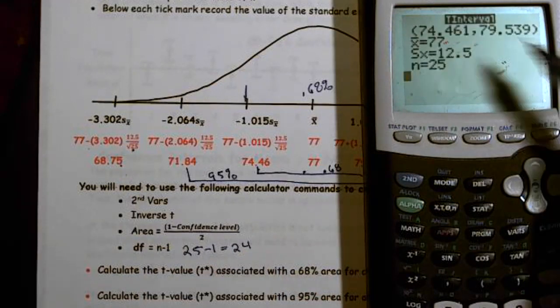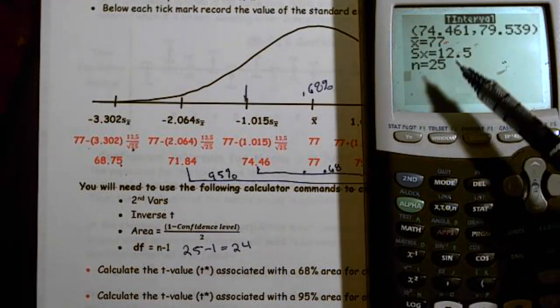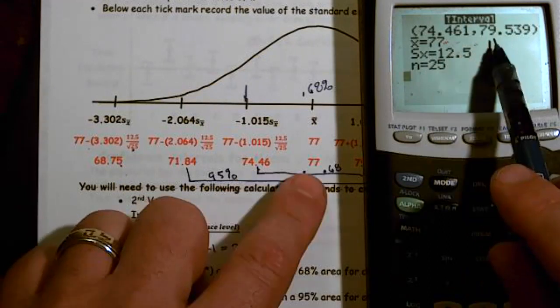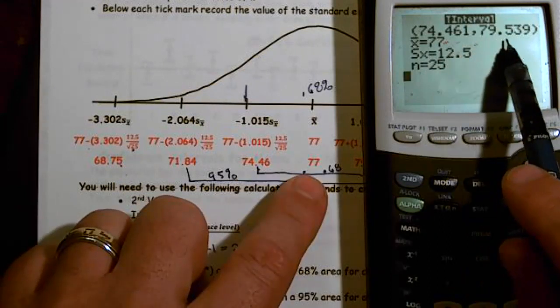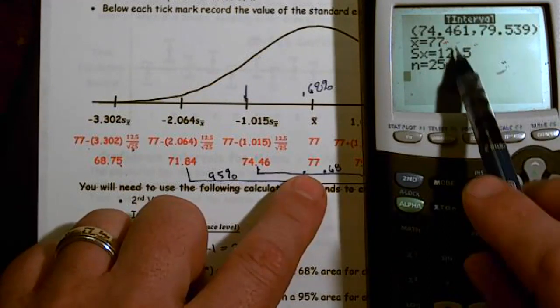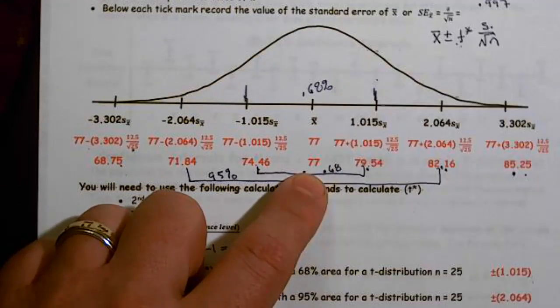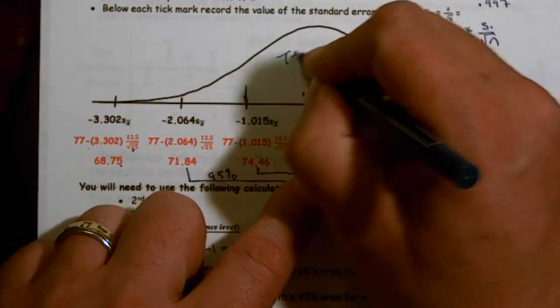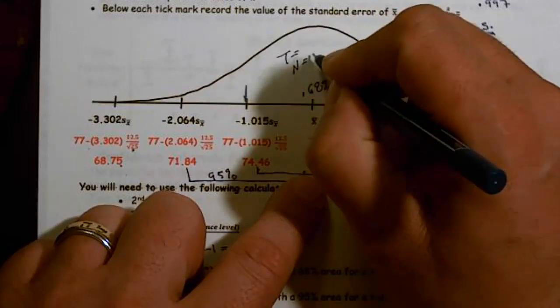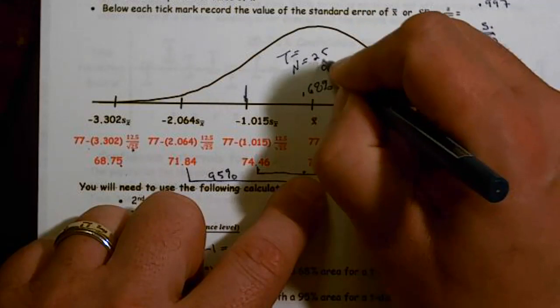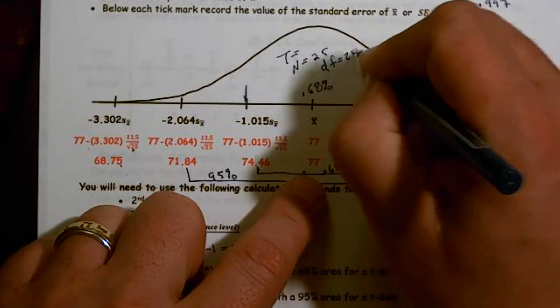And I press enter, and I get a lower bound of 74.46 and an upper bound of 79.53, and 68% of my data is going to be there for this particular t distribution that had an n equal to 25. So our degrees of freedom is 24.